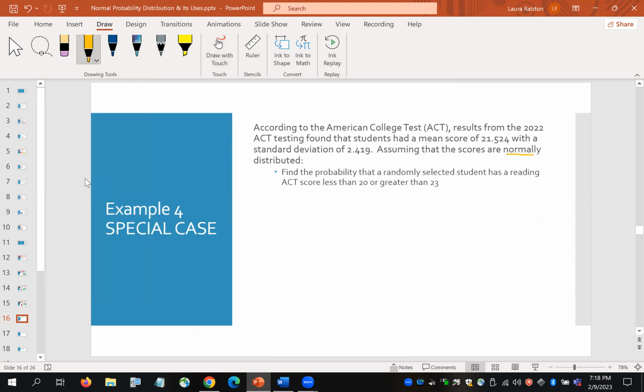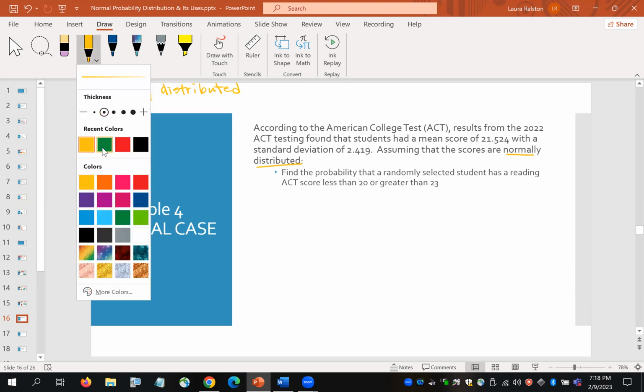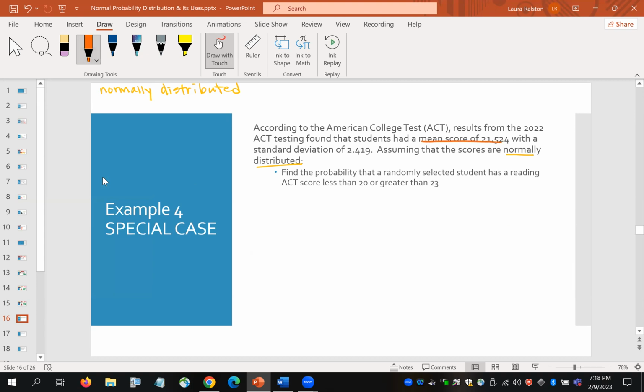It's the same question that we've been doing. It tells us that the mean is 21.524.